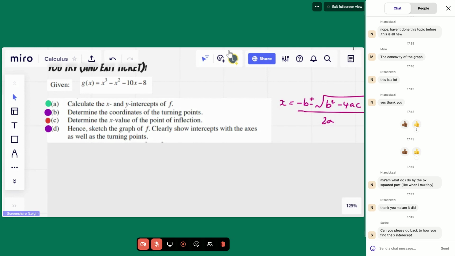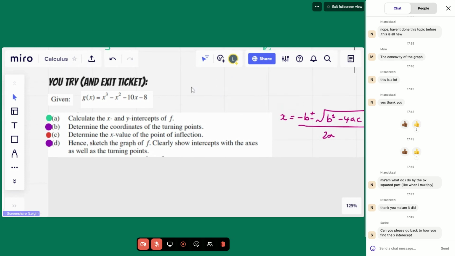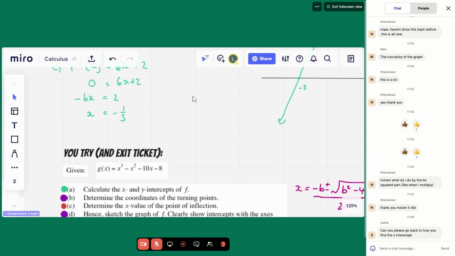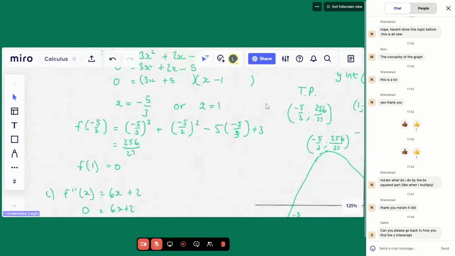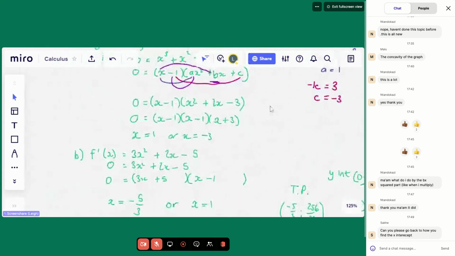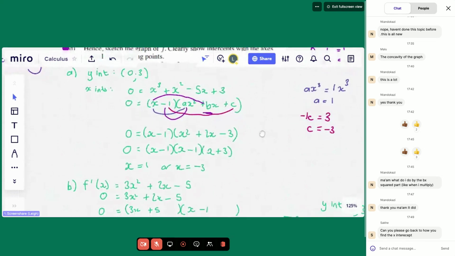Sure, Sake, no problem. All right, so when you want to find the X-intercept, you have to be able to factorize a cubic equation or a cubic polynomial. Okay, so that's that bit over there, okay, Sake, where we have to first find a factor and then work out what the values of A and B and C are.